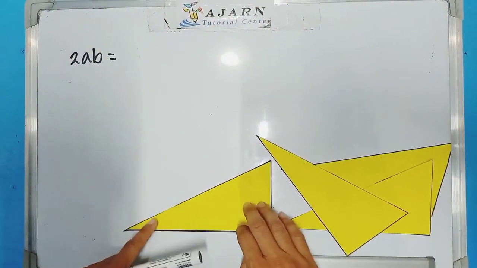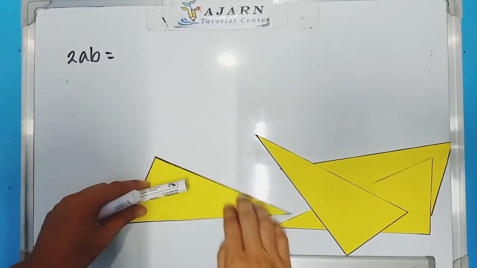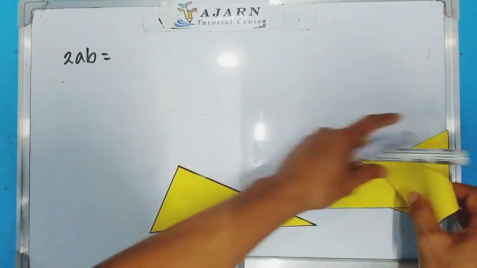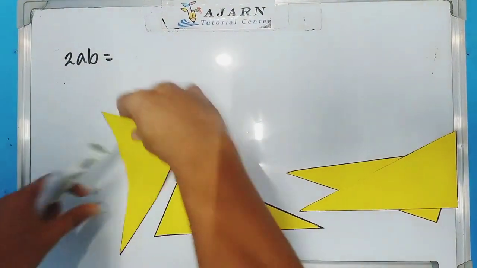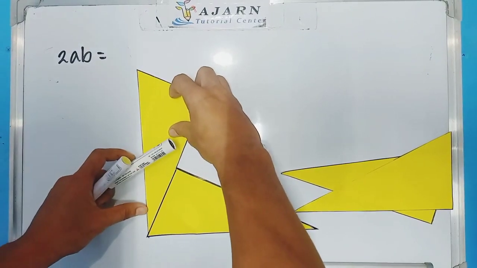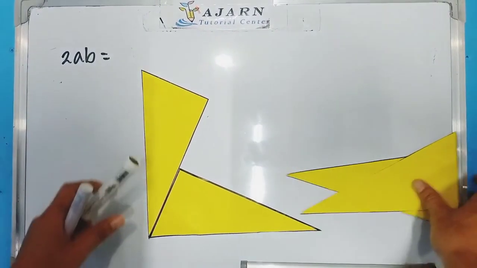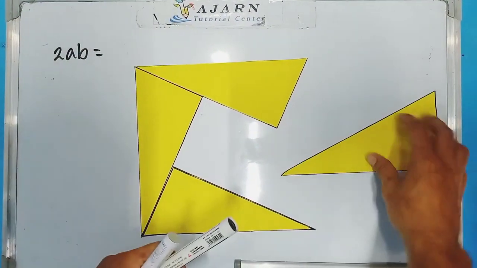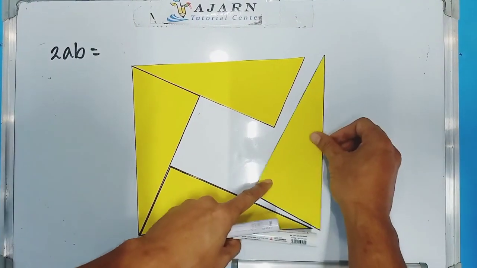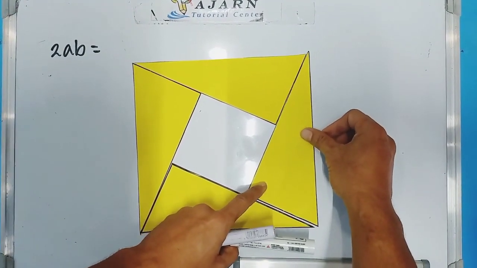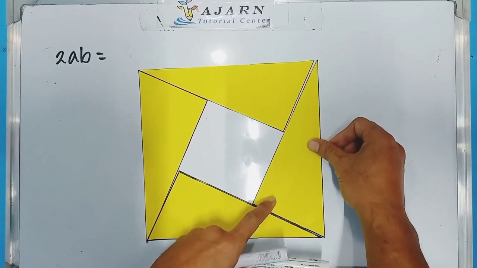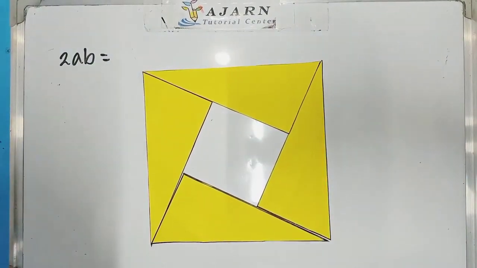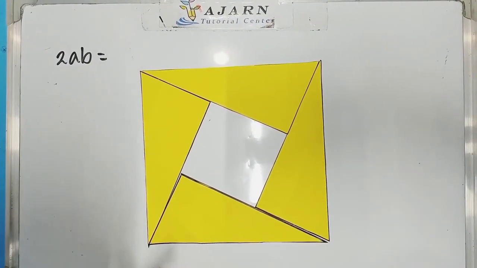I'm going to put this triangle like this, and then the other one like this, the third one like this, and the fourth one like this. So if you see, we form a square, and let's investigate this square.